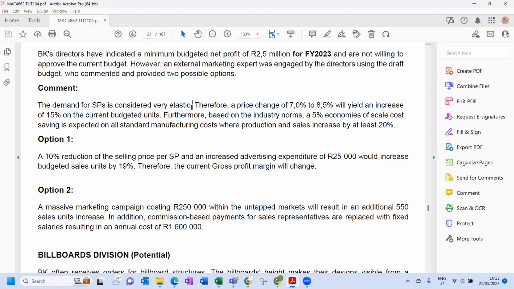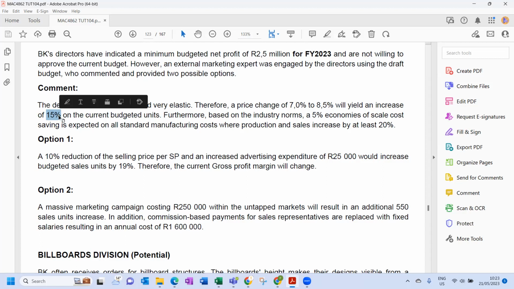But if we use the selling price from part A, which we calculated as 2,200, then that is a decrease in price of 7.5%, which falls within this range. Because it falls within this range, the current units will increase by 15%. So it went from 6,000 to 6,900. That means the current market we have 6,900, untapped market 550, so the total units is 7,450.